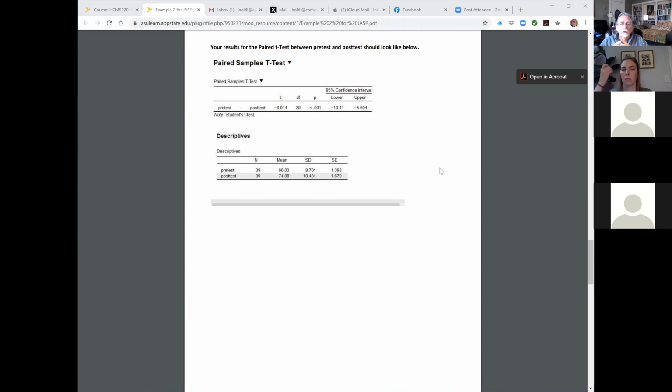The sign tells you the direction of the outcome, but you have to figure out how that comports with the outcome direction you're hoping for. And what's the value of the scale? Does the scale go up as it gets better, or does it go down as it gets better? So in interpreting paired samples, you really have to know a lot about the instrument and the scale to make any sense out of it. This will only tell you if it's significant and in what direction, and it won't necessarily tell you whether that means anything or not.